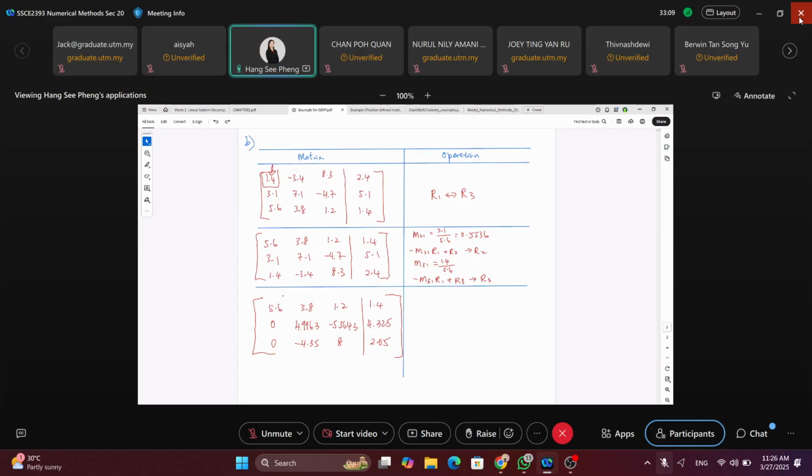If, let's say, this A22 is smaller than A32, then you have to do the row interchange. So for this question, we will just continue to find the M32. We take this one, minus 4.35. In this case, you can see M21, M31, M32 should be less than 1.